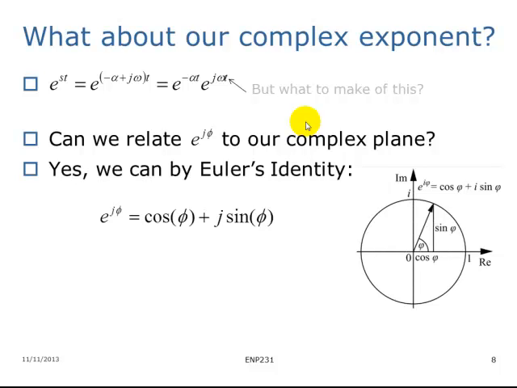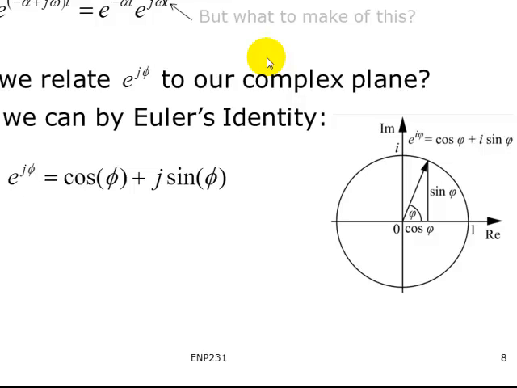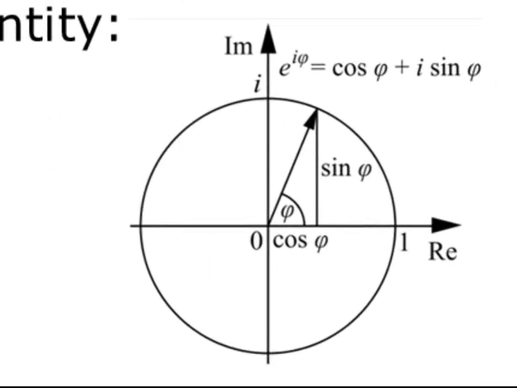And the answer is yes, we can do that by Euler's identity or Euler's formula. So you've seen this before, where Euler showed that e to the j phi is equal to cosine phi plus j times sine phi. And here's a diagram on the right.